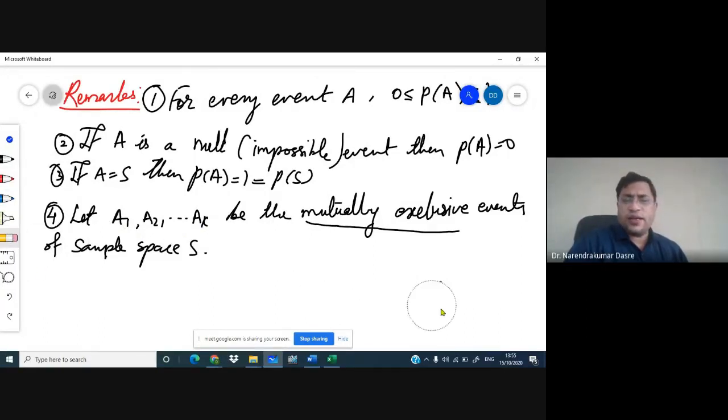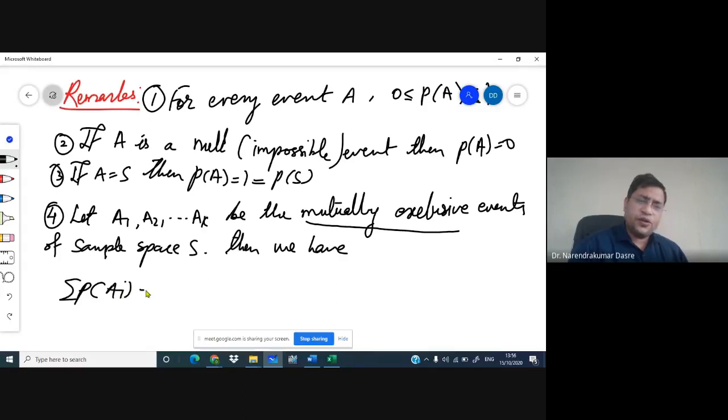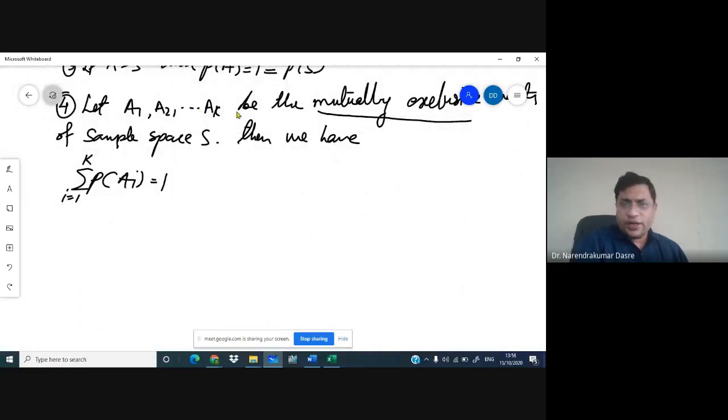If these are all disjoint events and their union is the sample space, then the sum of the probabilities of all the events, P(Ai) for i running from 1 to k, is going to be 1.